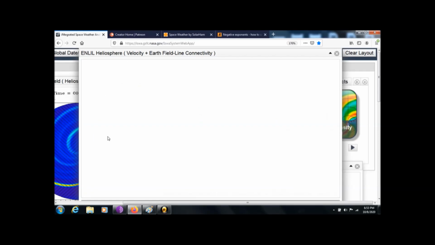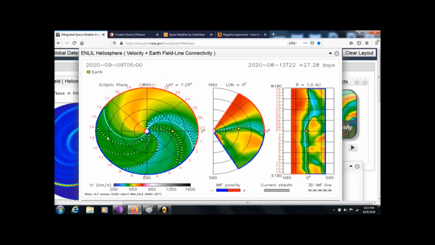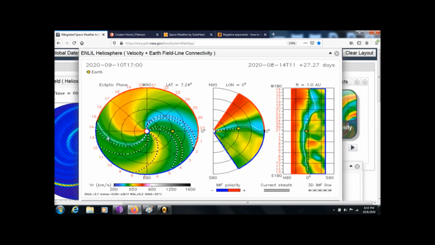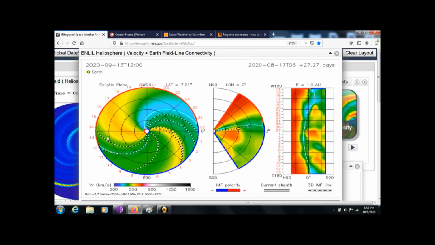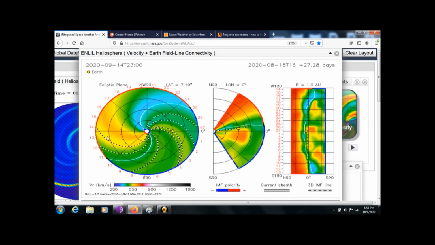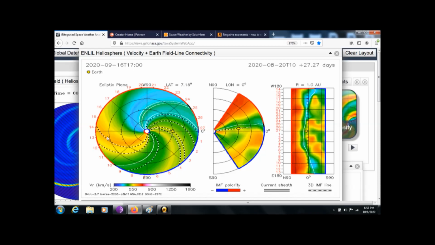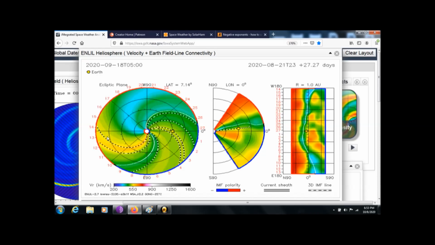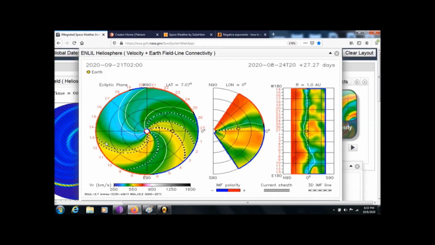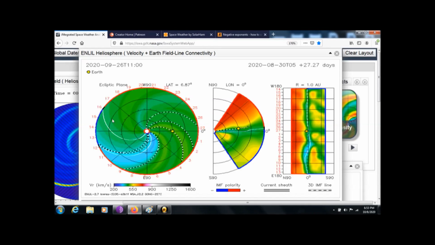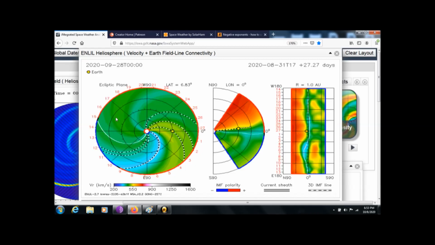Go over to the left sphere now, and we're going to look at the spiral arms and see if, when it's opposite Earth and Sun, do they slow down? And we don't see the slowing. The red color in the spiral arm does not go away until the spiral arms whip around and get closer to Earth.